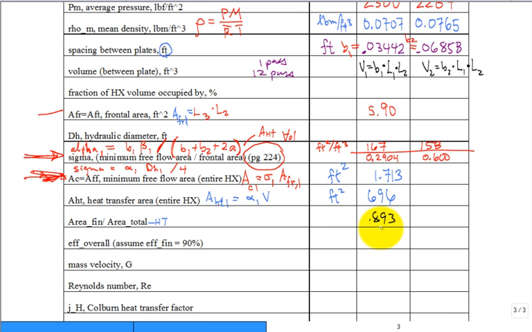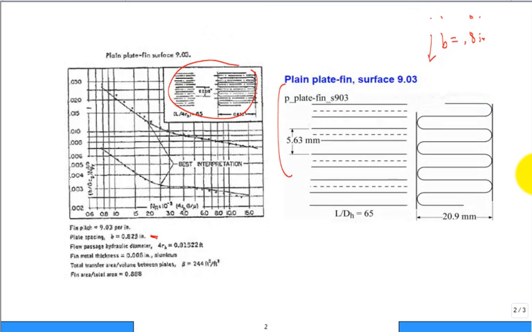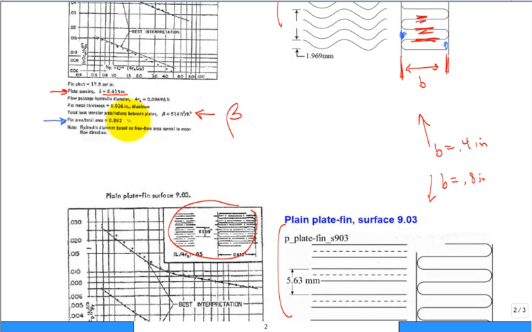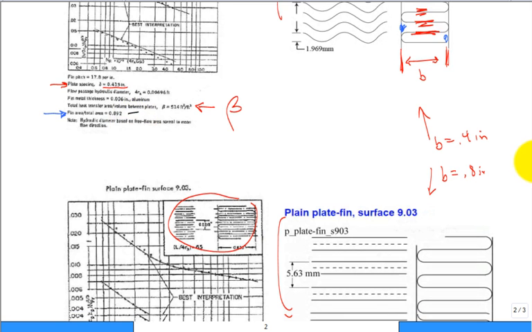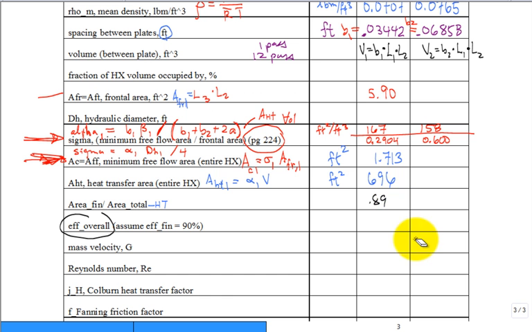Then what is the overall efficiency for the surface that the fluid flows over? Made sense? It was just reported, it's 892. Did I read it wrong? It's 892. Thank you. So I'll fix that right there.